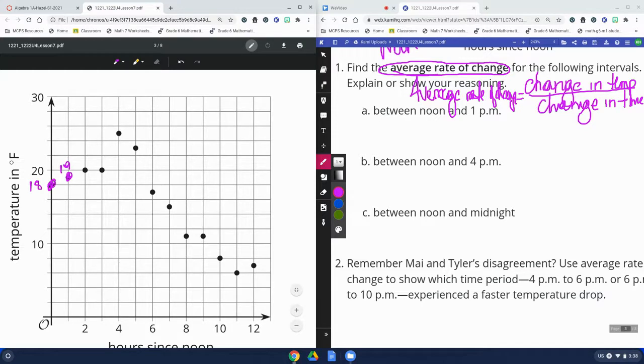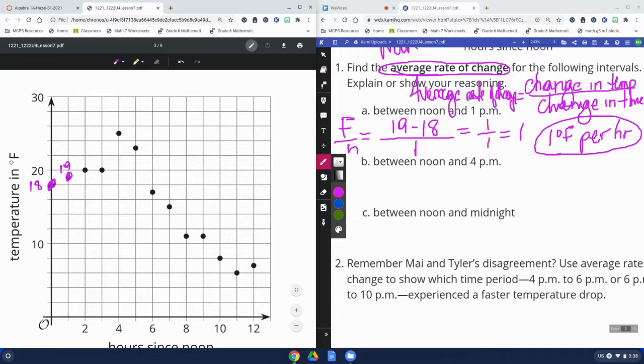So let's look at this example right here. Between noon and 1 is a change of 1 hour, right? So this is the temp. So Fahrenheit over hours is a change in 1 hour. The change in Fahrenheit is from 19 to 18, right? So what a coincidence. This is 1 over 1, which is 1, right? So that means the average rate of change is 1 degree Fahrenheit per hour.